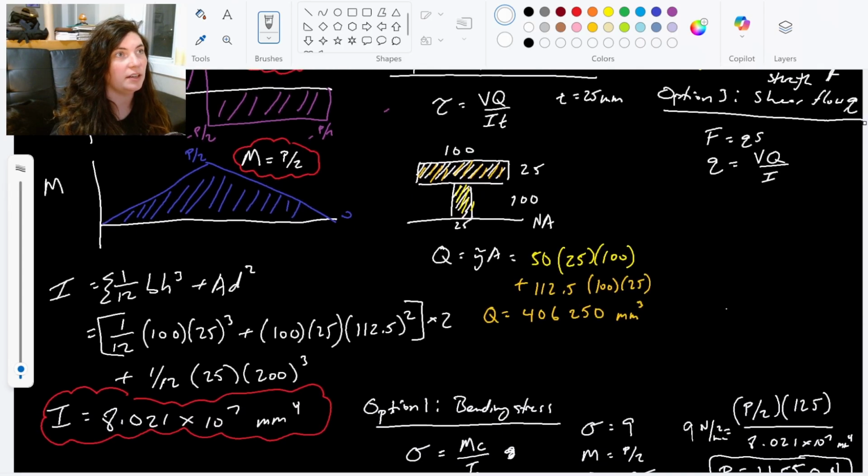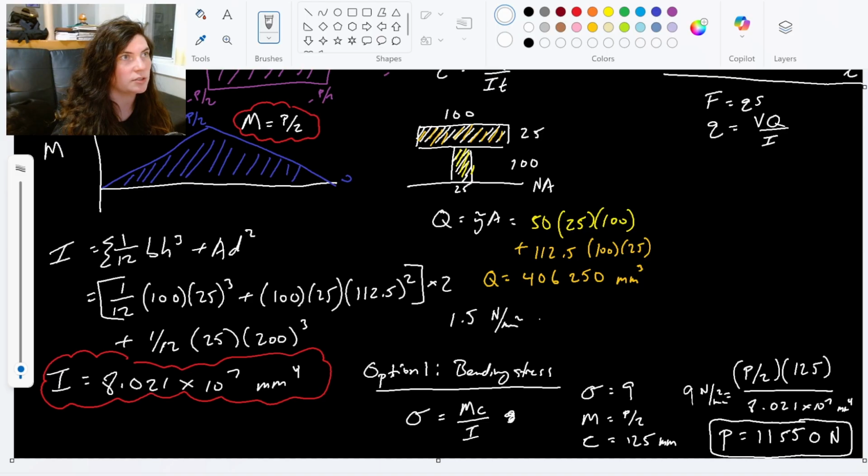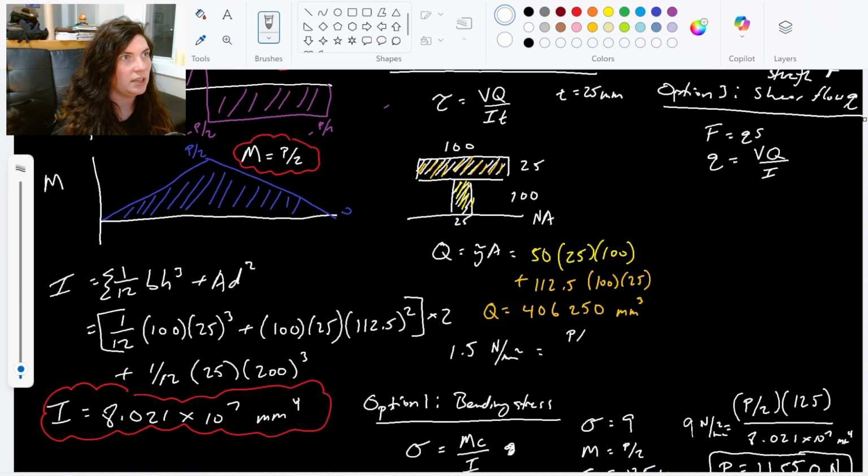So now I have everything I need for this one, so I can go ahead and plug in. What was my shear stress? 1.5 megapascals, so 1.5 newtons per millimeter squared equals P over 2 times my big Q value, 406,250, over moment of inertia, 8.021 times 10 to the 7th, times t, just 25.